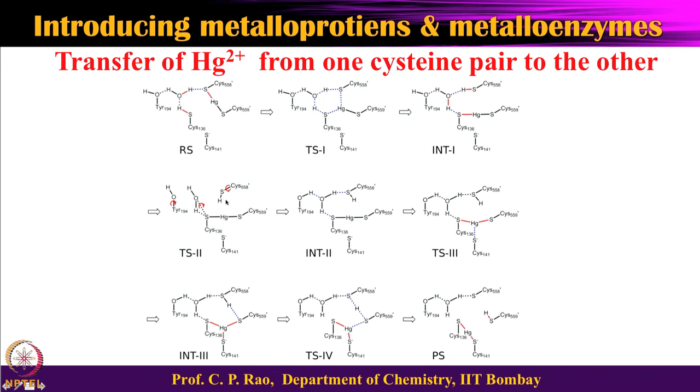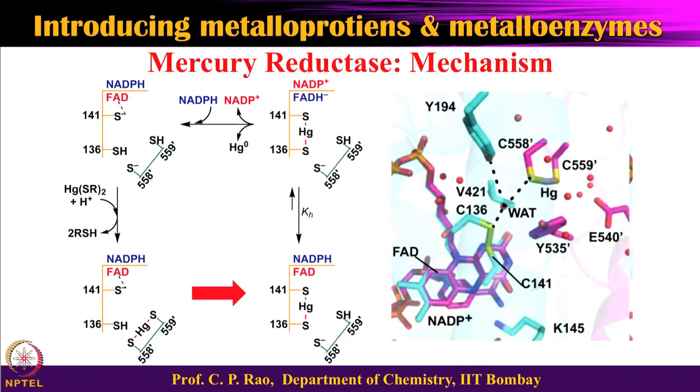The interaction, see, there are two cysteines. First it will break one cysteine, and next it will break with the other cysteine, and then it makes a bond with the 136, then it will make a bond with the 141. So, out of the 4 cysteines, the cysteine 558 will break, followed by 559, then the mercury ion by that time would have bound to one of the 136 and 141.